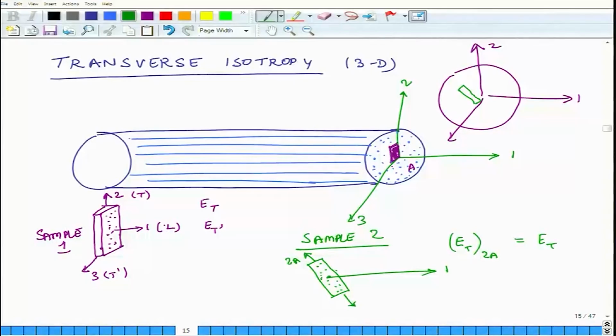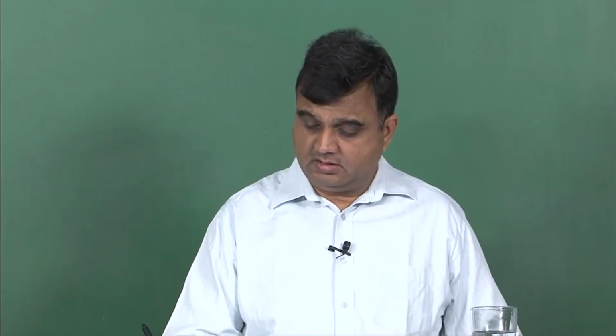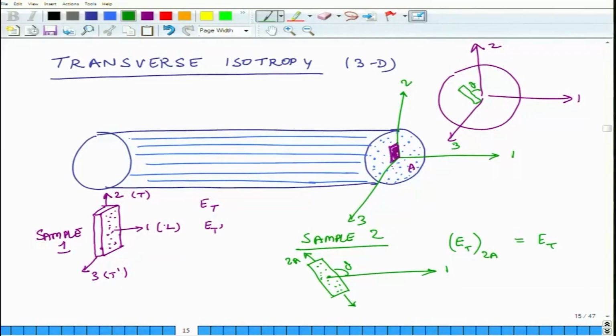So, regardless of this angle theta, as long as I am rotating the sample in the 2-3 plane, the material properties along the length of the sample will not change, and Et and Et prime will remain exactly the same.